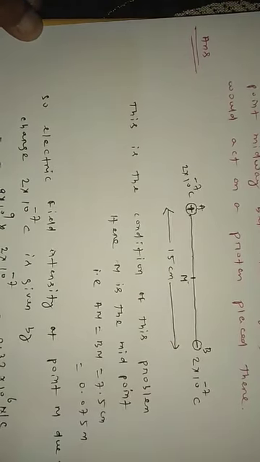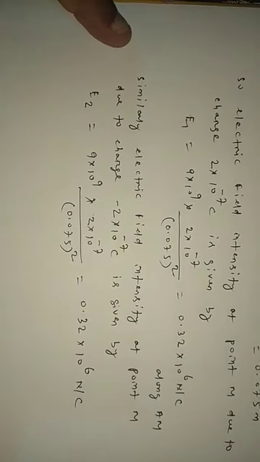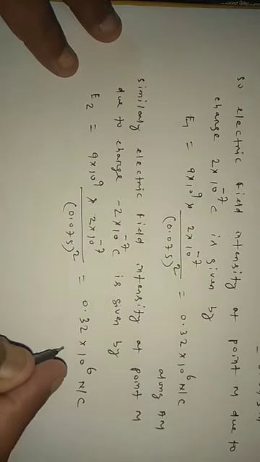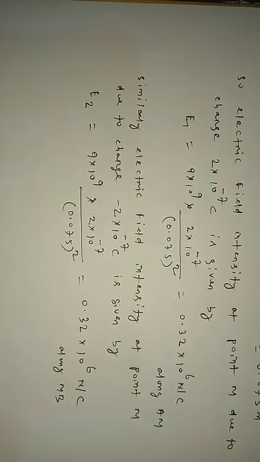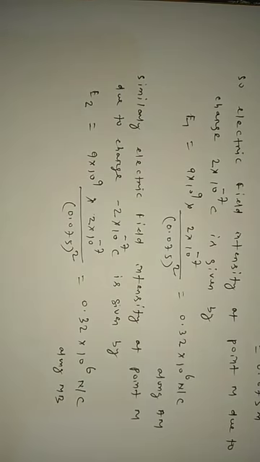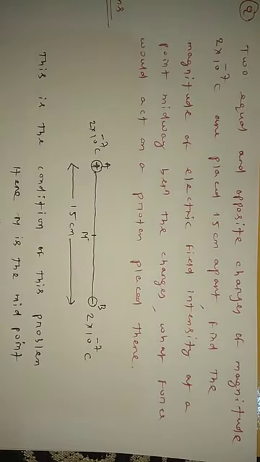The direction of E2 is along MB. Since E1 is along AM and E2 is along MB, E1 and E2 are along the same direction.